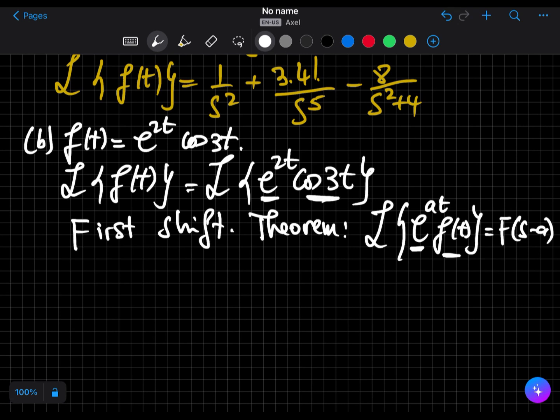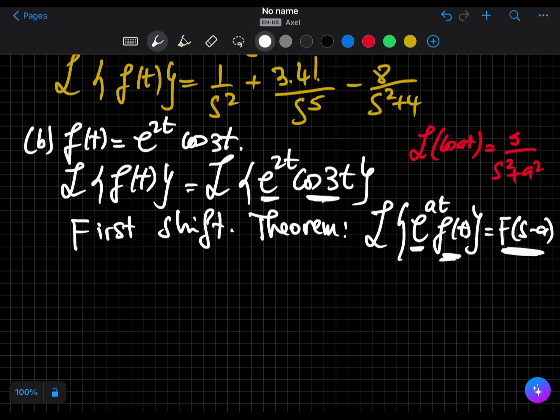And we know from the Laplace transform table that the Laplace transform of cos at is equal to s over s squared plus a squared, and here we have cos 3t. We can therefore apply the first shift theorem, which gives the Laplace transform of the function f when considering the shift s minus a.